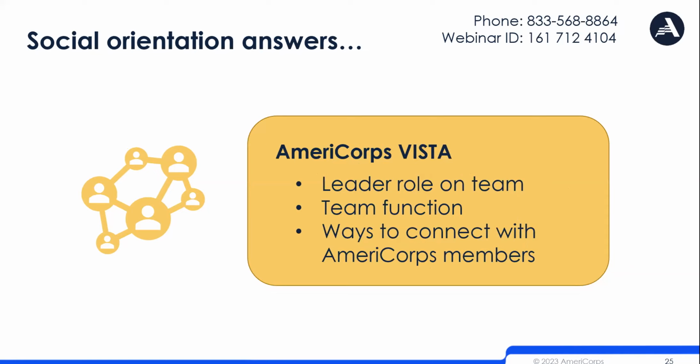This means the leader role as the leader of team members, how their cohort or team of members will function, and how they're going to work together, and how members can connect with other AmeriCorps members, either those on the team or those who are part of adjacent projects with the sponsor. You could also even talk about members who are serving anywhere within AmeriCorps. Because national service is a unique entity, connecting with others who serve can be a great help as your members navigate their year.